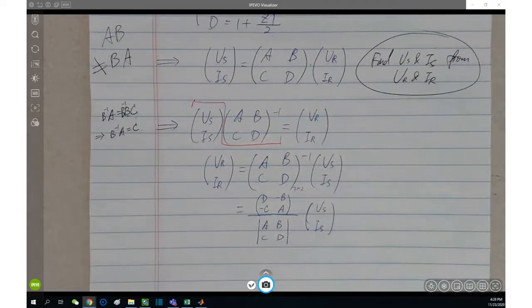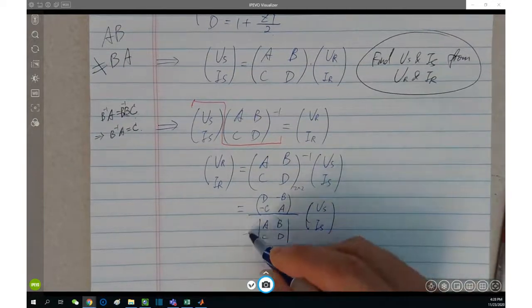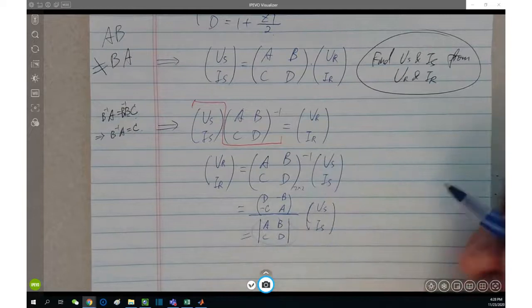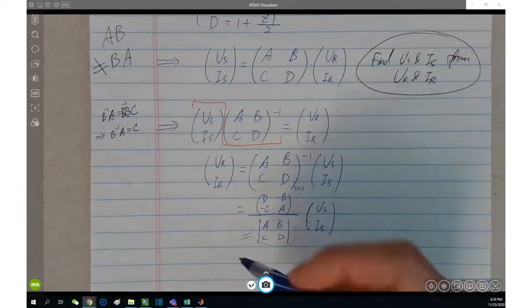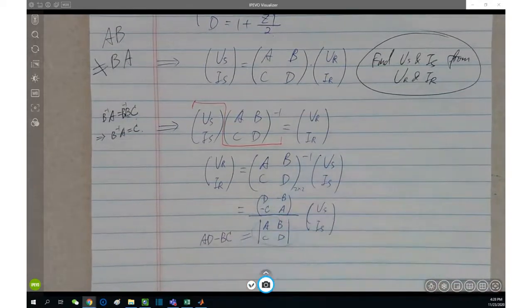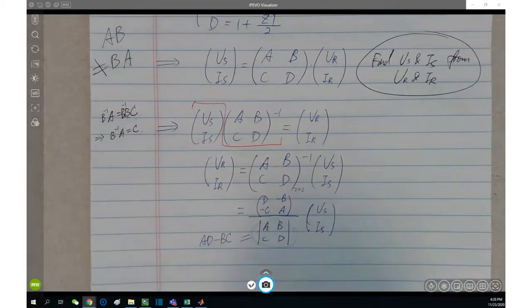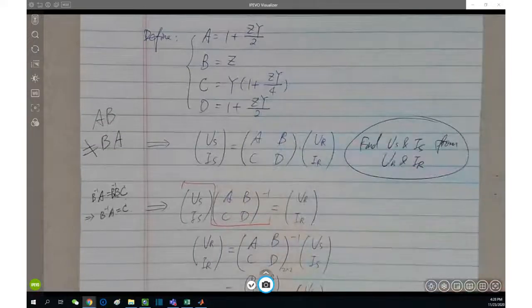And how to do the determinant? The determinant equals what? For a 2 by 2, AD minus BC. Correct. And of course, we know A through D in terms of the line parameters.